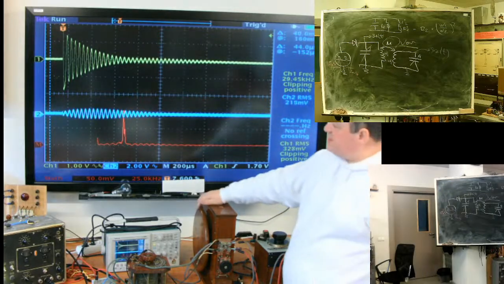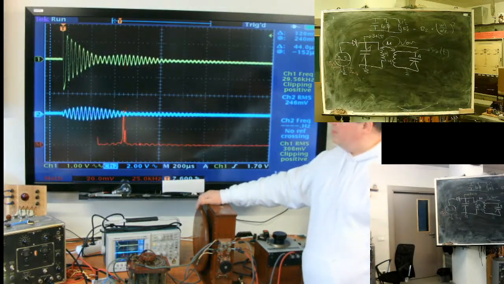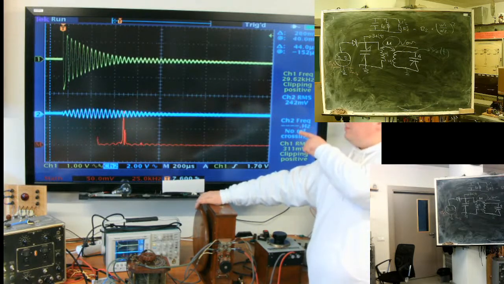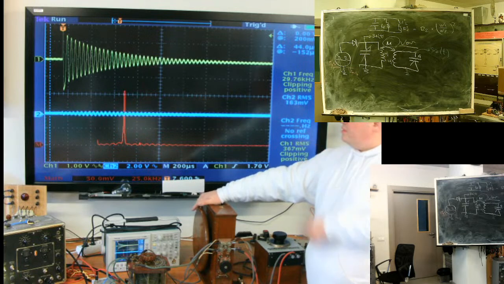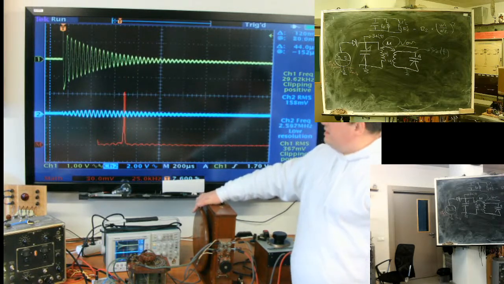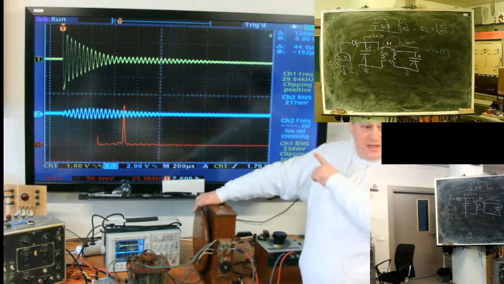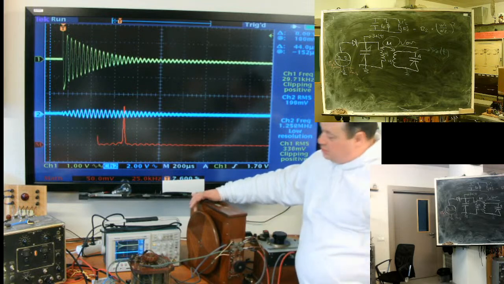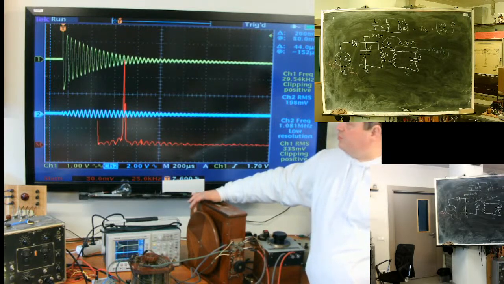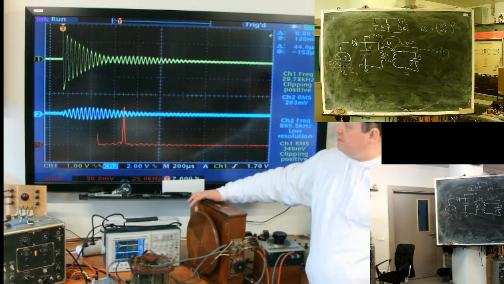Let's increase coupling. You see what happened? The secondary network starts influencing the primary. I increase coupling. Maybe I can turn it to make it really visible. See what happens?